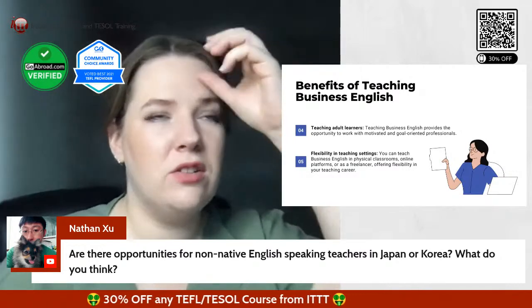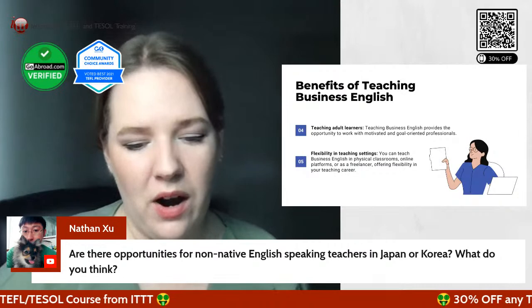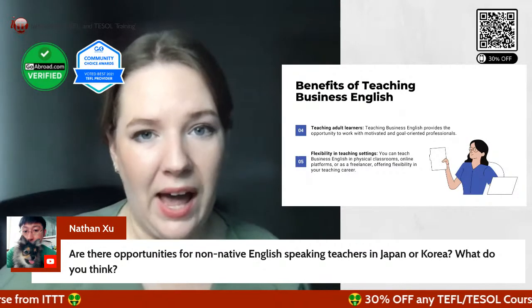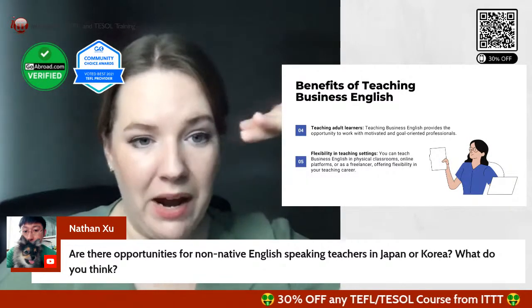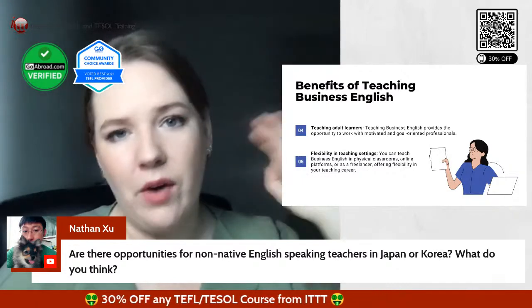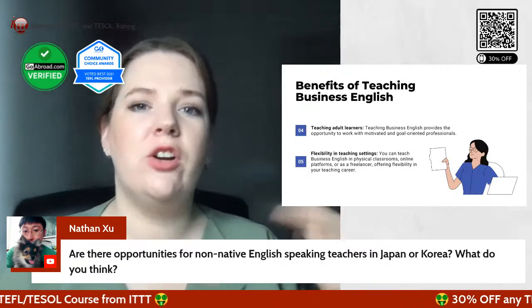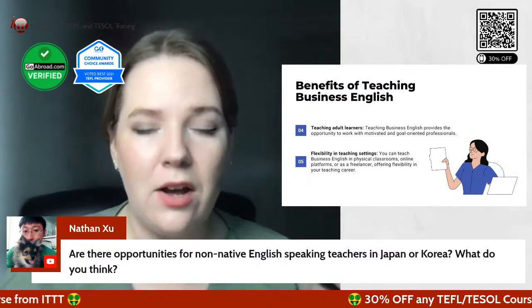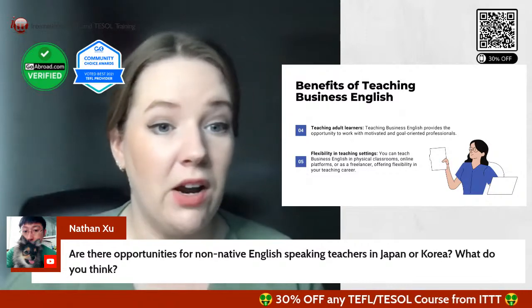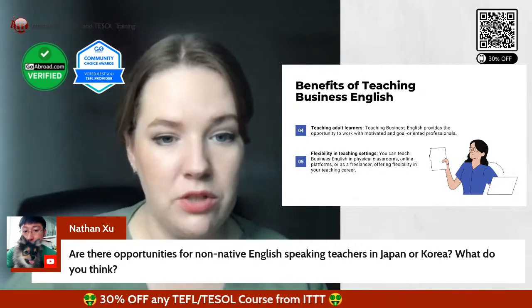Or there's a special visa, I don't know about your case, for people who have Korean grandparents. I think it goes all the way to great grandparents. So if one of your great grandparents was from Korea, you can actually go to Korea and get sort of like a green card visa. It's a very good visa, and you can also work with that. So there are different options for Korea.